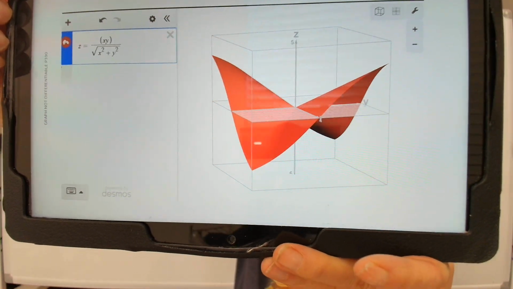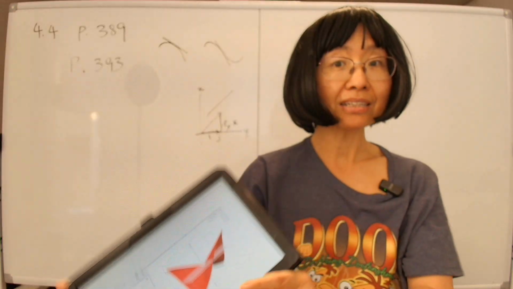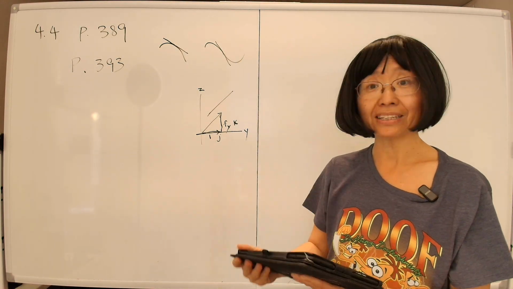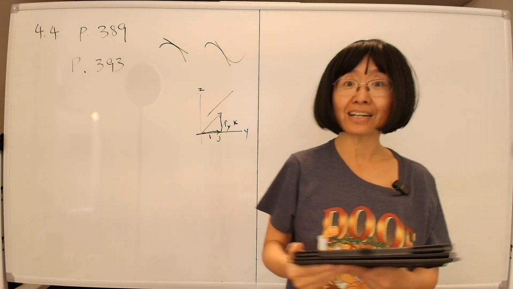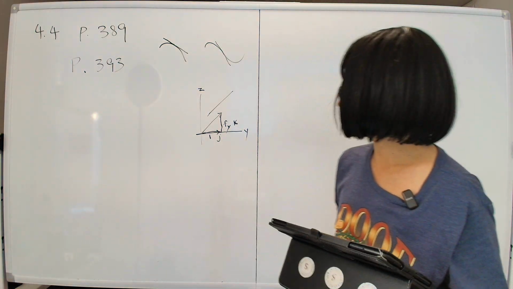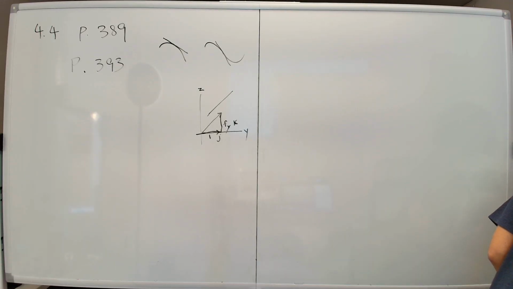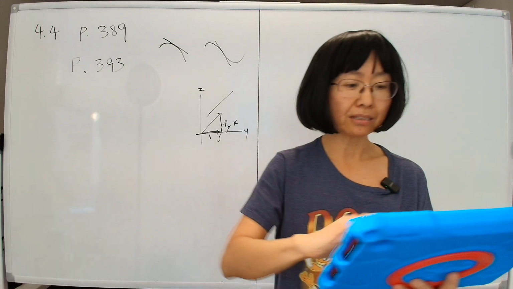As you notice from a different angle, there's the distinctive V shape. In other words, there is a sharp point. There is no way you're going to stick a tangent plane there that fits everything. That is why this particular function doesn't have a tangent plane at the origin.